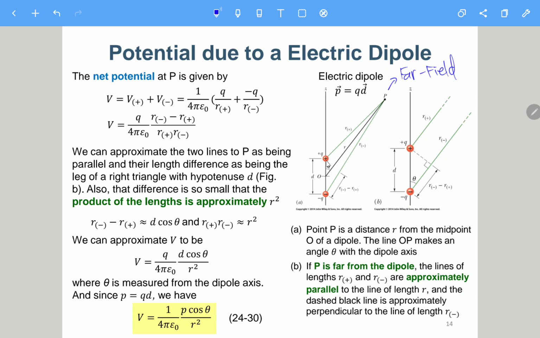Okay, so here we try to have this far field condition, and in that case we can consider this line and this line are parallel. Just like when you learn optics in high school physics.